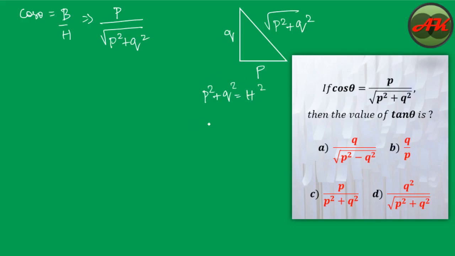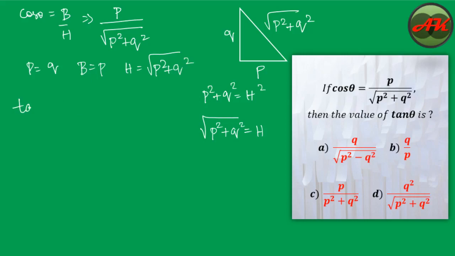Now we can write root of P square plus Q square is equal to hypotenuse. From this we can conclude perpendicular as Q and base as P and hypotenuse as root of P square plus Q square.